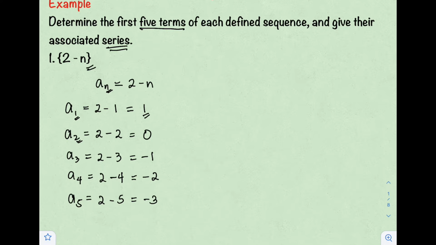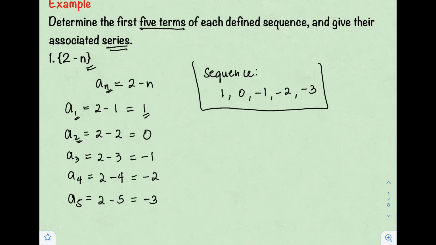Nakuha? So, therefore, ang ating sequence is 1, 0, negative 1, negative 2, and negative 3. So, nakuha, guys, kung paano natin kinuha yung ating sequence. Next, kunin natin yung associated series.